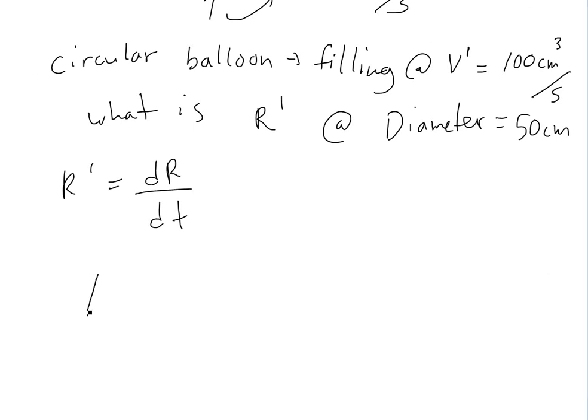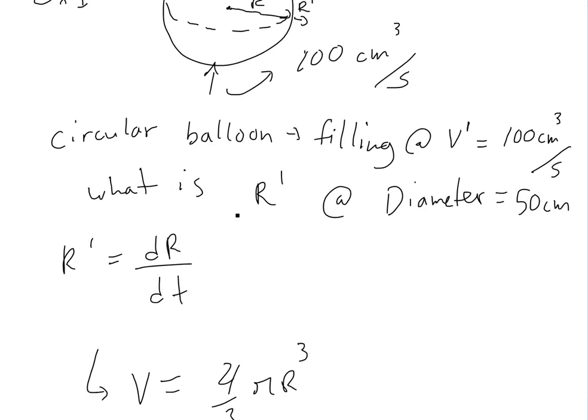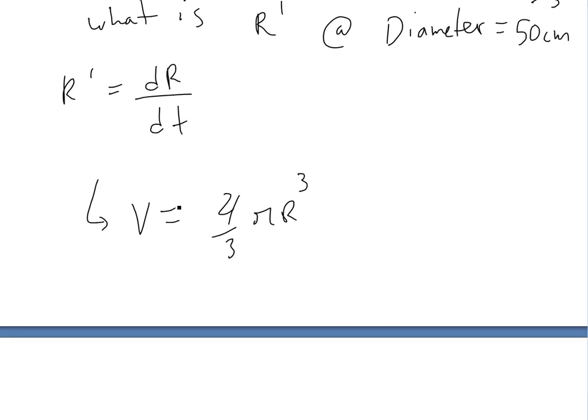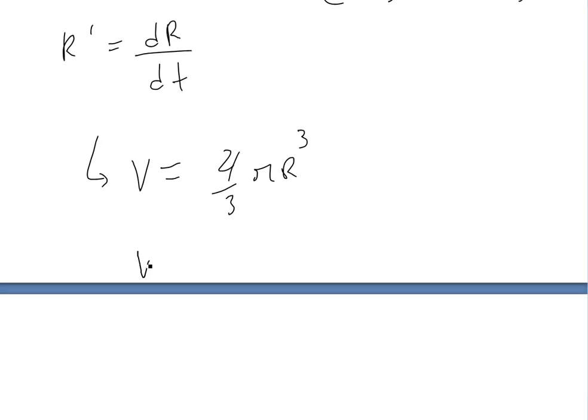We know that the volume of a sphere is 4 over 3 pi r cubed. All you've got to do is find an equation relating the two, then take the derivative, and then plug in the numbers. So the derivative, V prime, is going to equal 4 over 3 pi, and for the derivative of r cubed, the 3 comes down, so 3 times r squared using the power rule, and then using the chain rule, r prime.